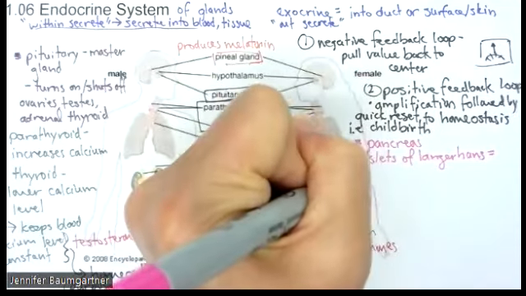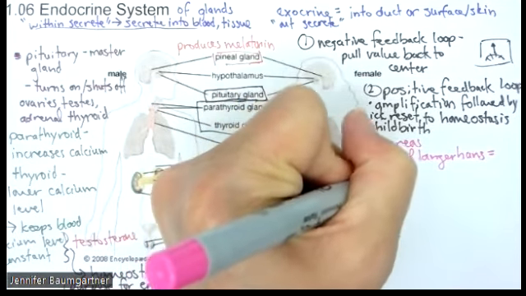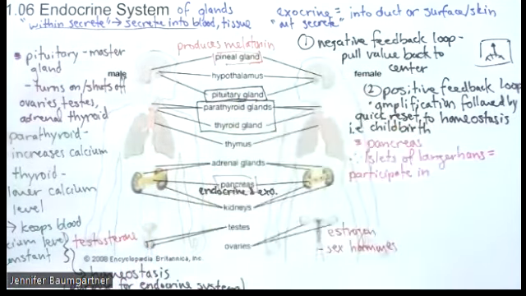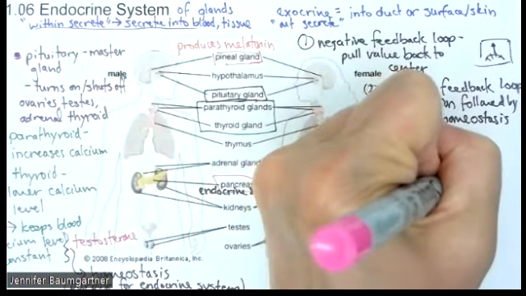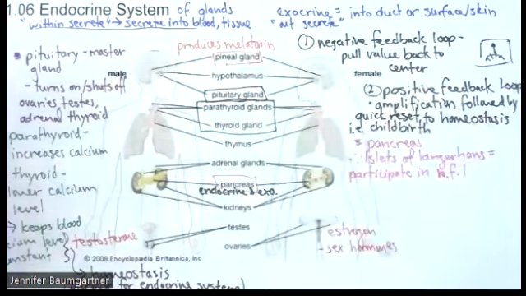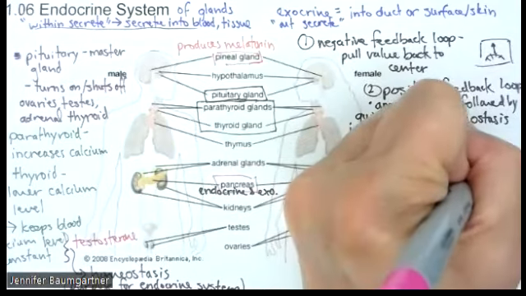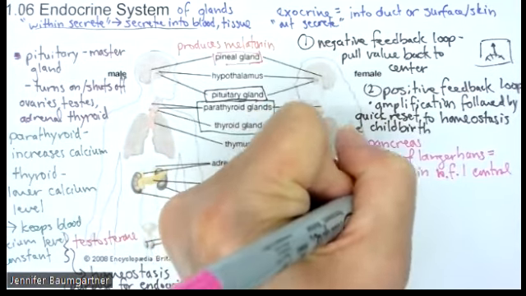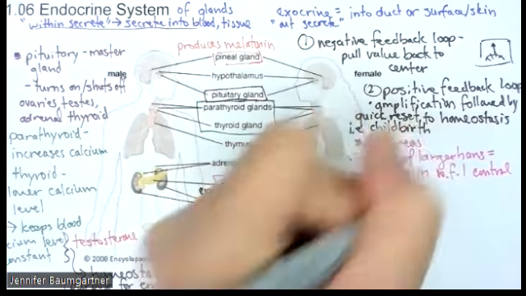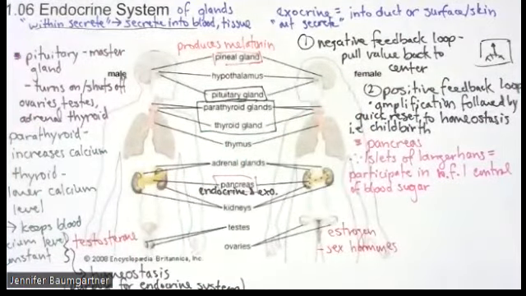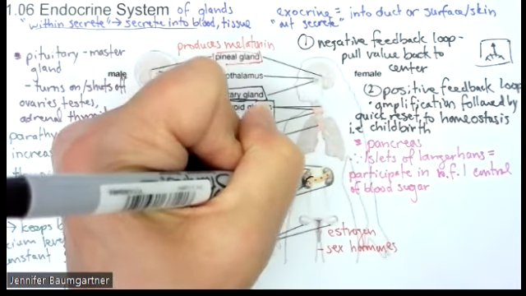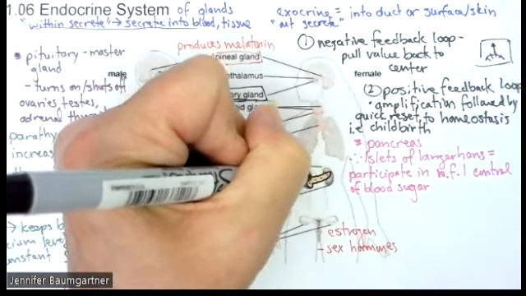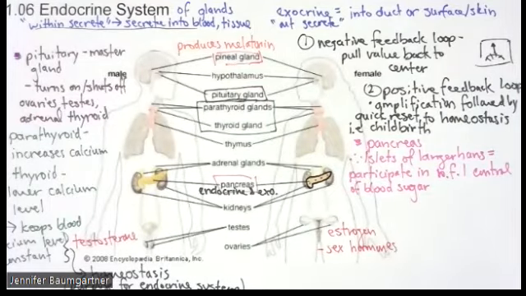So these participate in, I'm going to put NFL, negative feedback loop control of blood sugar. So these little dots are the endocrine glands, and the organ itself. Let me outline this. It's a little bit hard to see. So here's the outline. The rest of the pancreas is the exocrine gland, and we'll talk about that later.